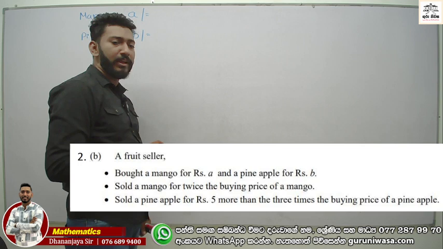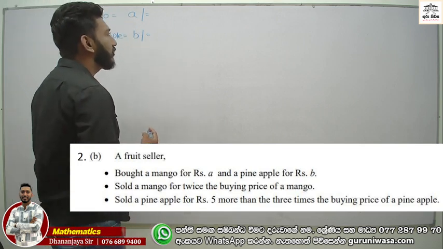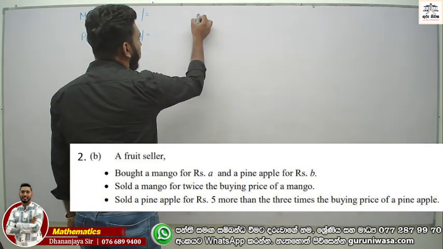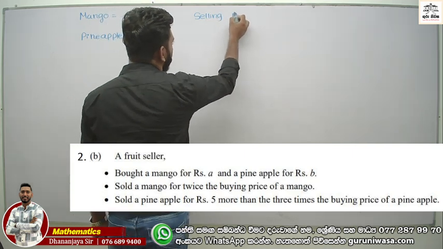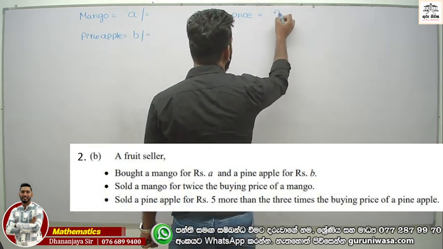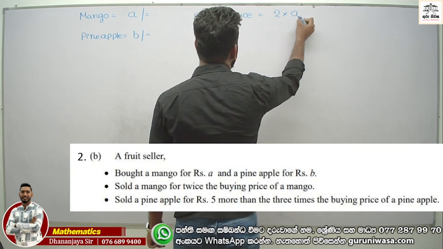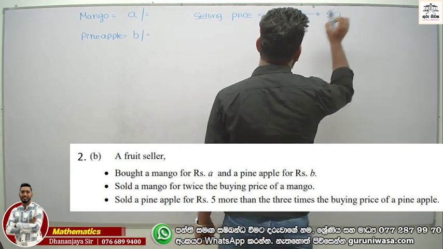Now sold the mango for twice the buying price of a mango. Twice means, and I'm going to put the selling price. Selling price of a mango is twice of the buying price, which is A. Now 2 times A, you know the answer is 2A.